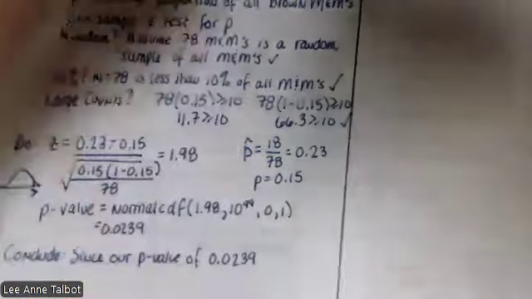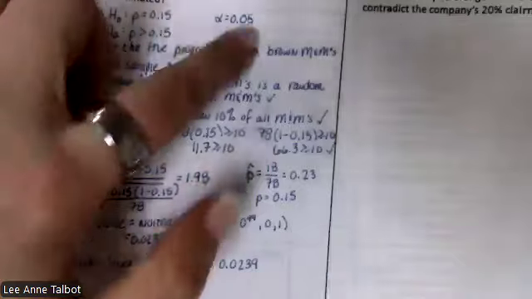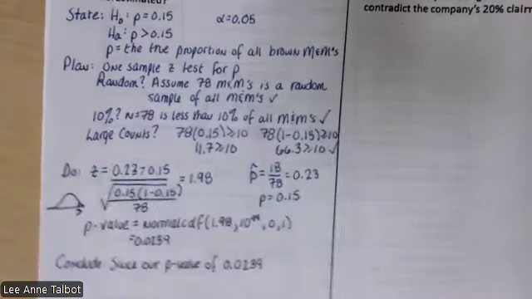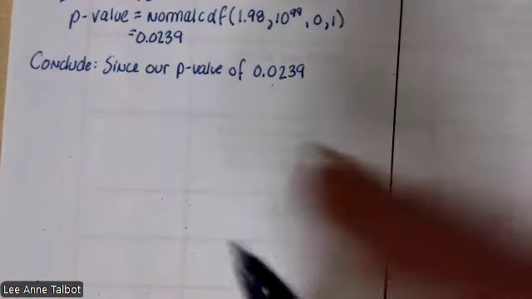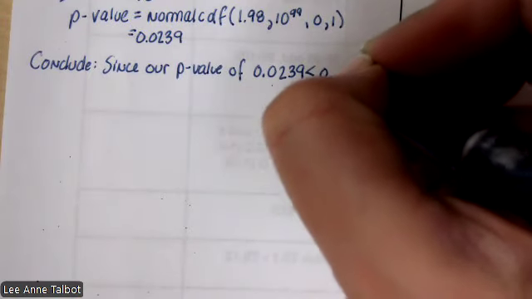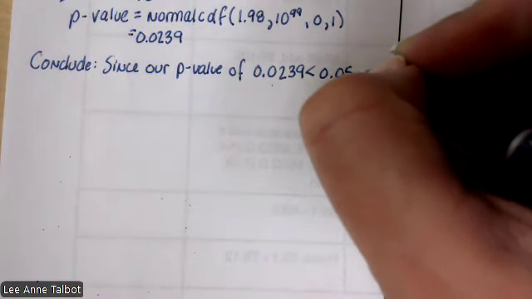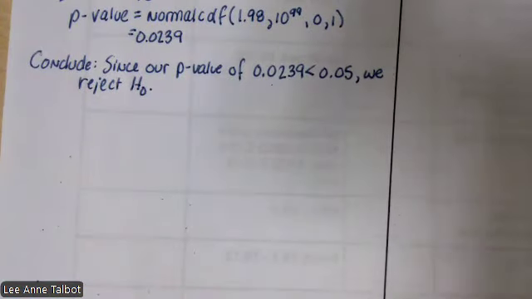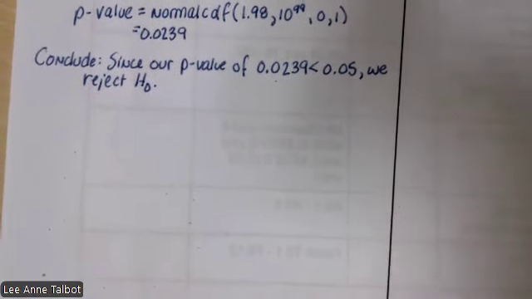Now you want to go back and compare it to alpha. Is it less than or more? That's good, right? We want it to be less. Okay, so since it's less than alpha, we reject the null.